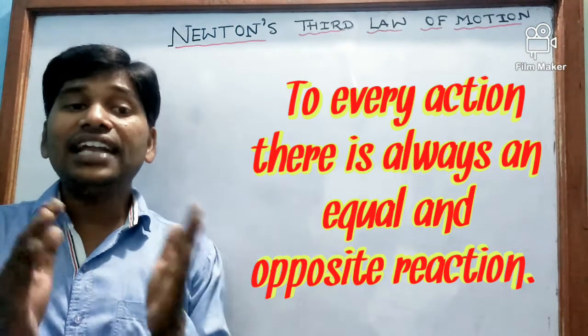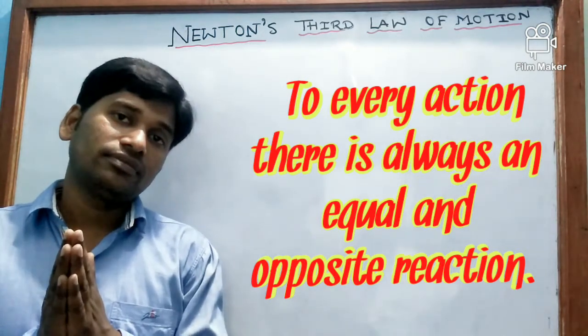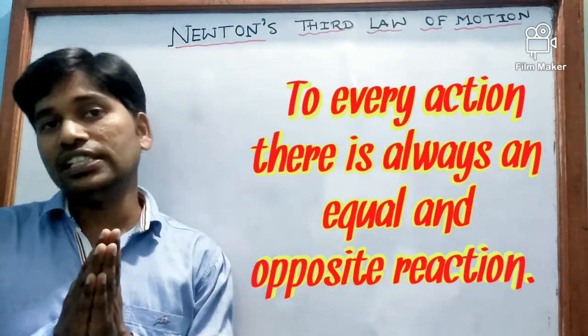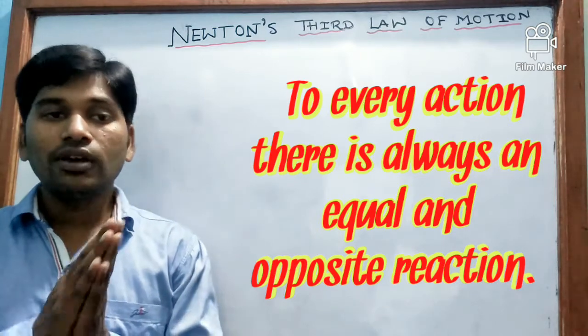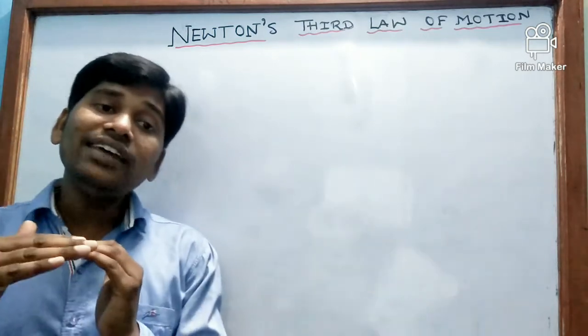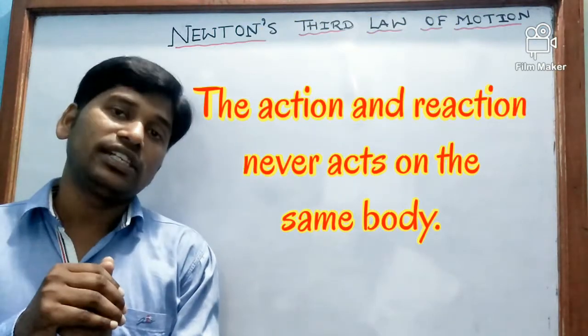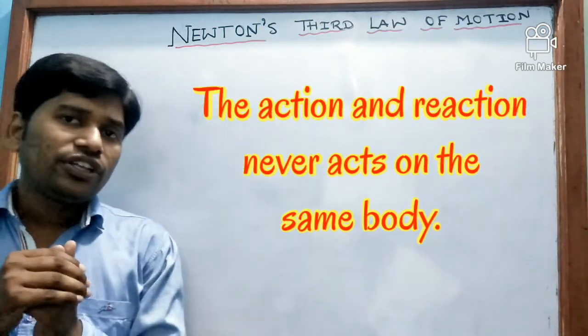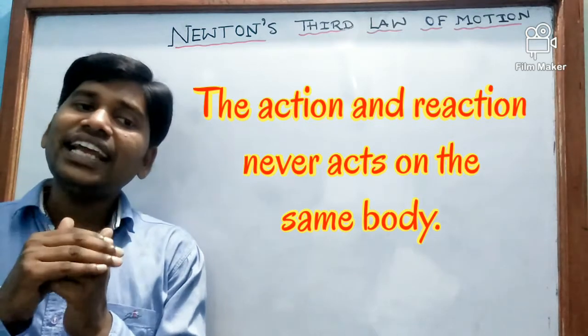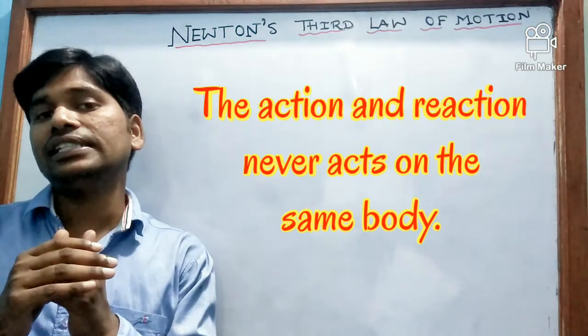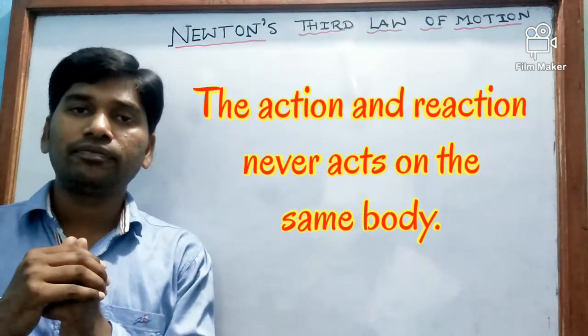The action and reaction never act on the same body, but they always act simultaneously on two different bodies. That is, the forces of interaction are always present in pairs.